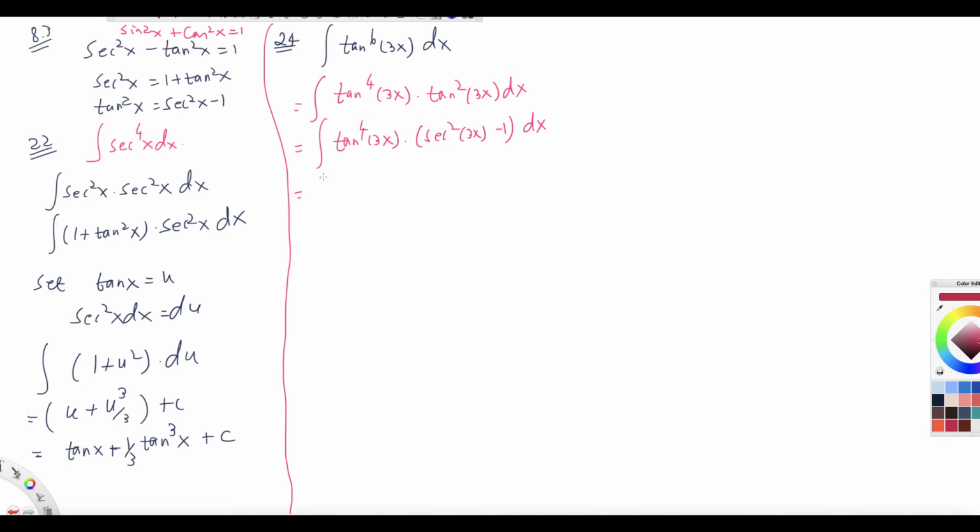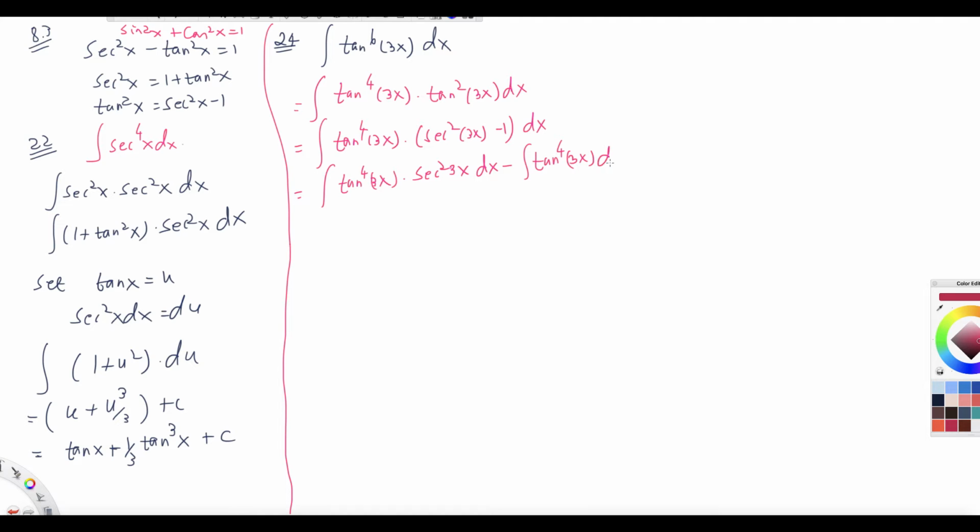What do you get? You get the integral of tangent 4 3x times secant square 3x dx minus tangent 4 3x.